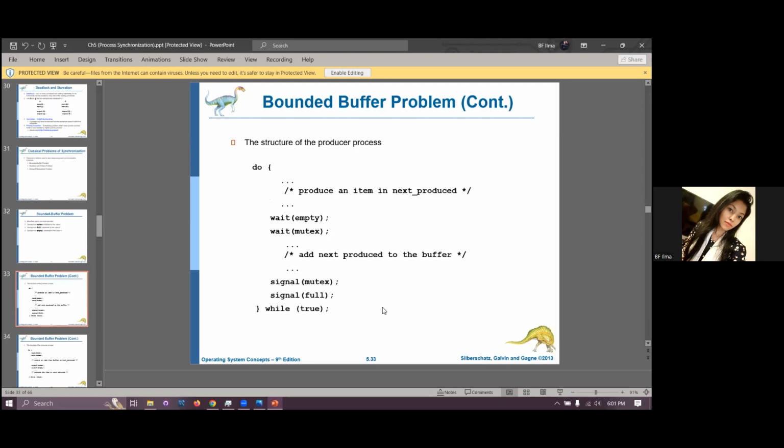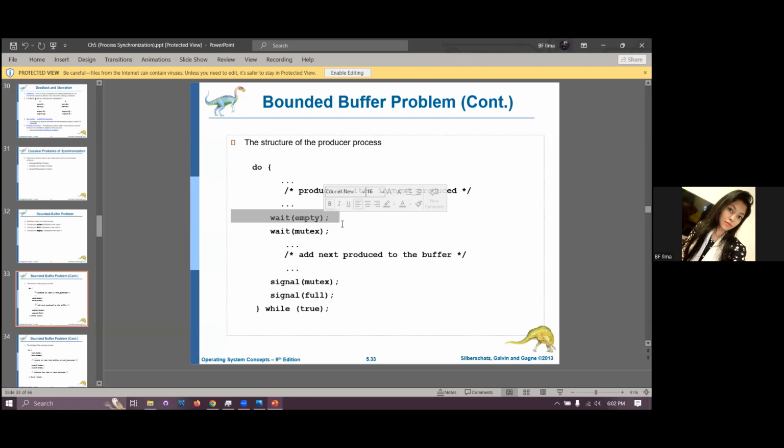And when you look at the producer process, this is the code for that. Initially a producer will produce its resource, and then it waits on empty. This means that if empty is 0, that means the buffers are full, right? Empty count is 0 means the buffers are full. Then you cannot add more into it.